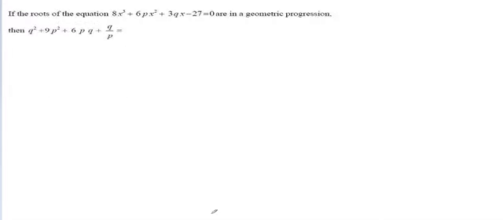If the roots of the equation 8x cube plus 6px square plus 3qx minus 27 is equal to 0 are in geometric progression, then q square plus 9p square plus 6pq plus q by p is equal to dash. Here the roots are in geometric progression, that is, if alpha, beta, gamma are the roots, then alpha is equal to a by r, beta is equal to a and gamma is equal to ar, because these are in geometric progression, that is a by r, a, ar are the roots.